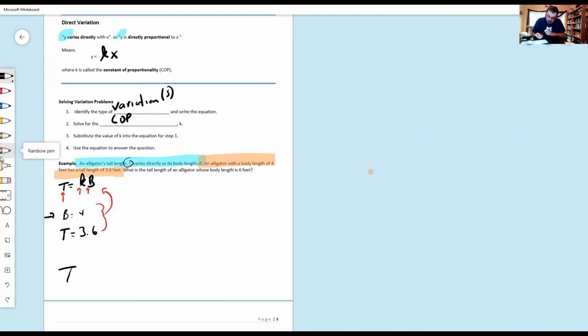So t is 3.6 equals k times 4. Or divided by 4, k equals 3.6 over 4, or 0.9.